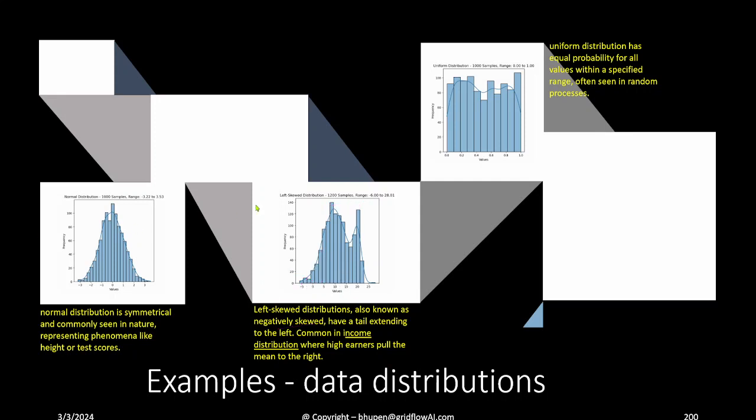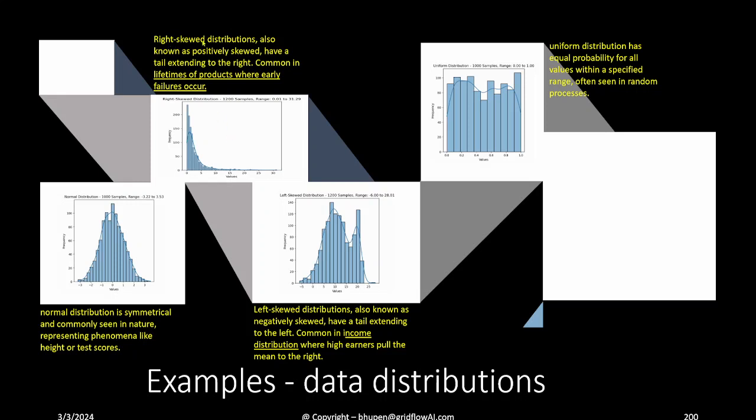Another example would be just the opposite of that, which is the right skewed distribution, where the right side is skewed. This would be commonly seen in, let's say, products where failures occur, and the lifetime of such products will exhibit this kind of pattern. That means the products which have defects will typically last for fewer days, and most of them will show this pattern.